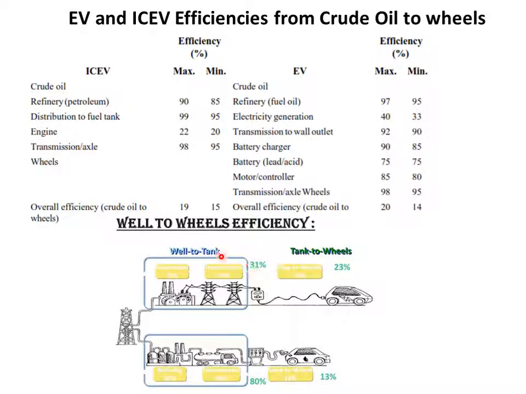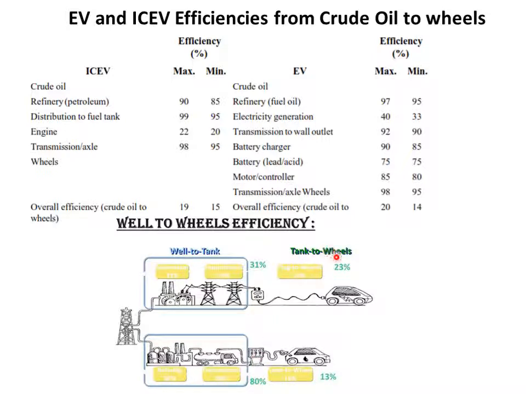That is the well-to-tank efficiency for the electric vehicle. For the conventional vehicle, the well-to-tank efficiency is almost 80%. It is a round figure and will differ according to different studies, but approximately these are the percentages.